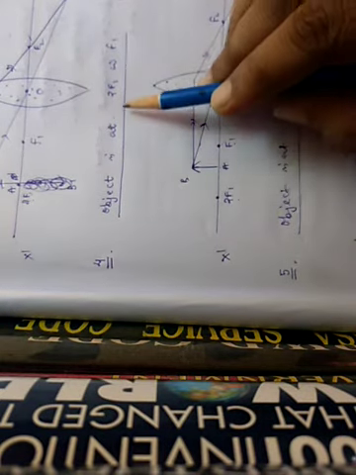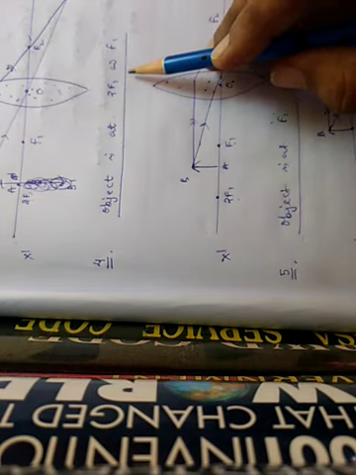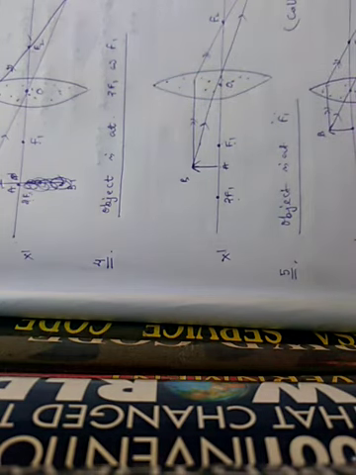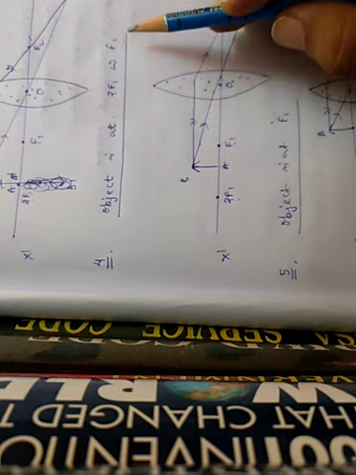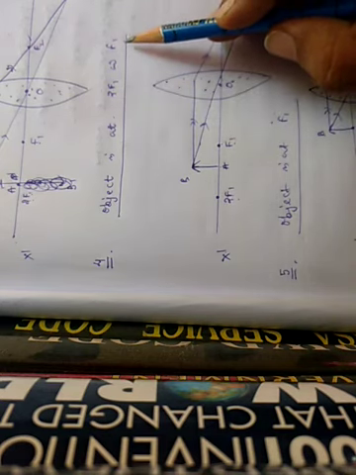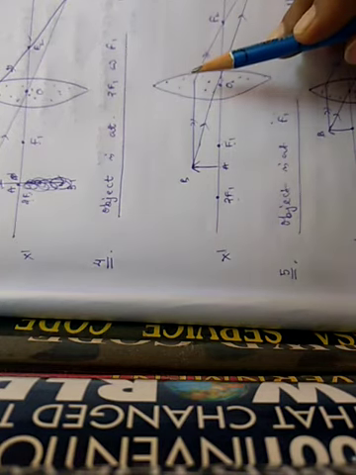The object is between 2F1 and F1. First remember where the image should be formed. If the object is in between 2F1 and F1, the image should be at infinity and 2F2. So what will happen to the diagram?